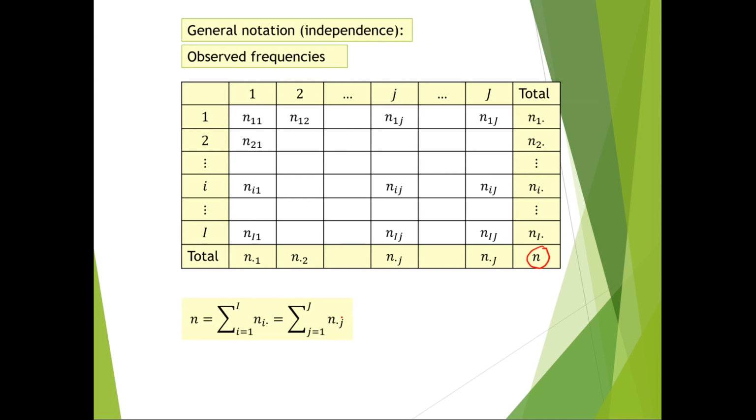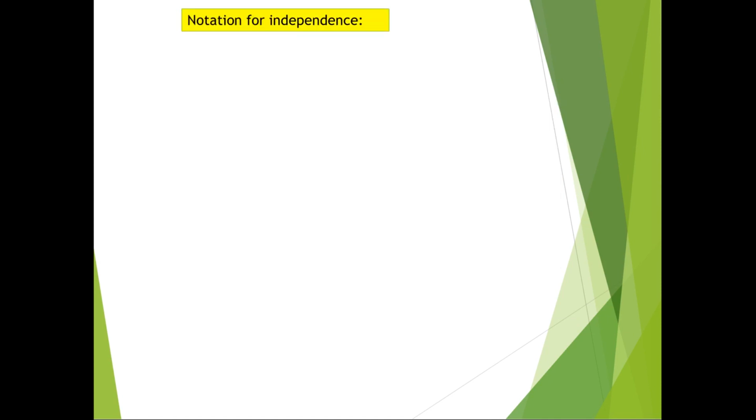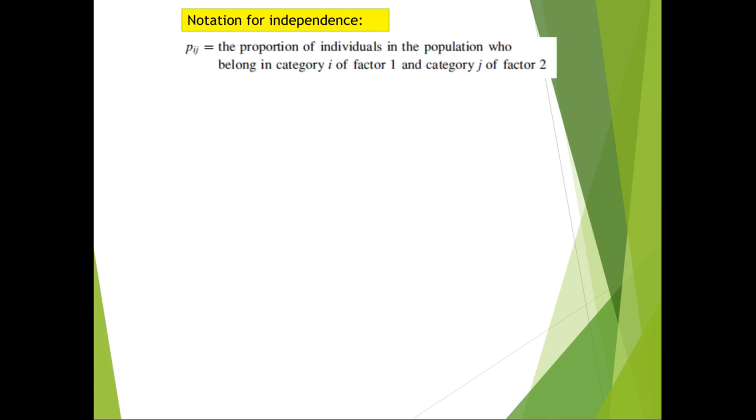So, for independence, what's our point of departure? We know in terms of probabilities what independence means, thinking back to chapter 2. And what we are working with now is a two-way contingency table. For that, we're going to have to consider the proportion of individuals in the population who belong in category I of factor 1 and category J of factor 2, because that's what the frequencies are that we obtain from a contingency table.